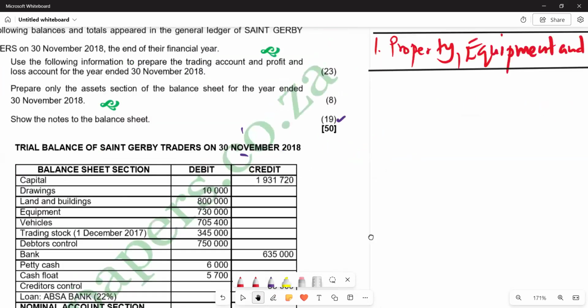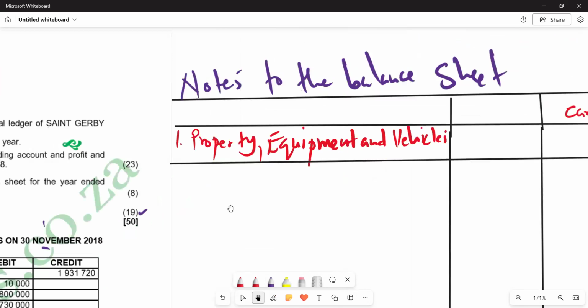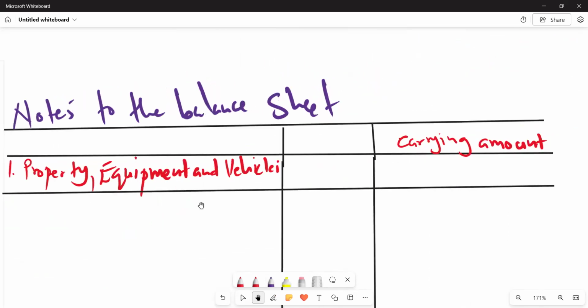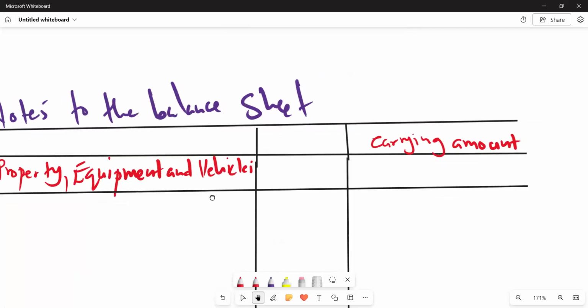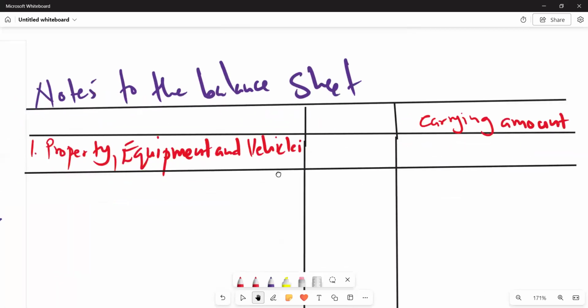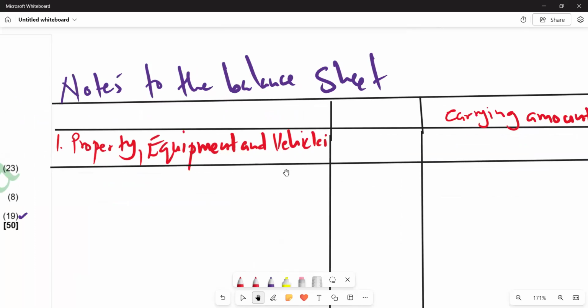Then if you go to the other section, you are given the notes to the balance sheet. This is the section where we're going to fill in all the notes that are necessary according to the question. We are going to start with the property, equipment, and vehicles note, which is the non-current asset note.